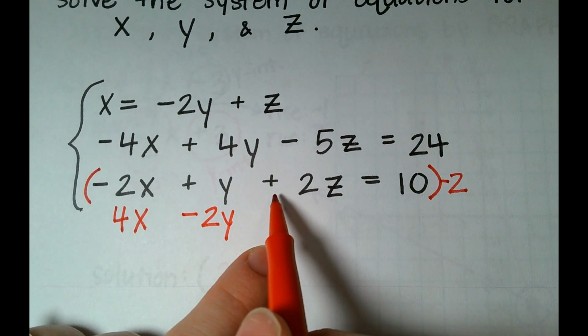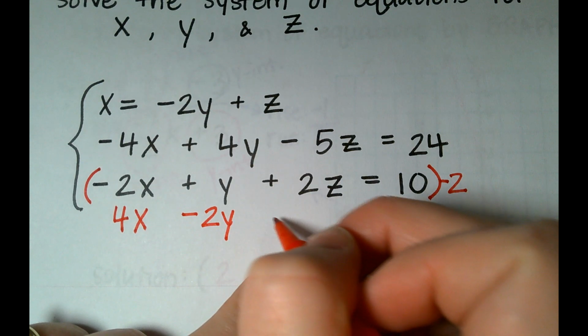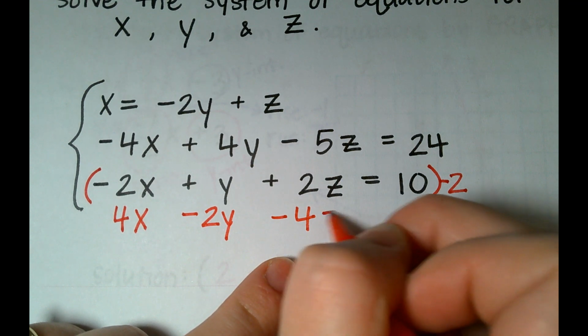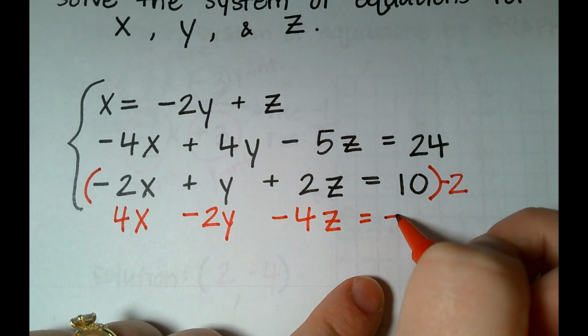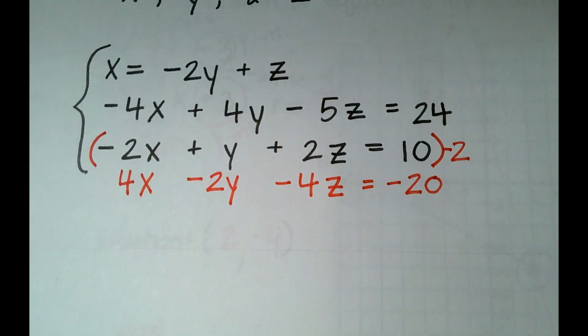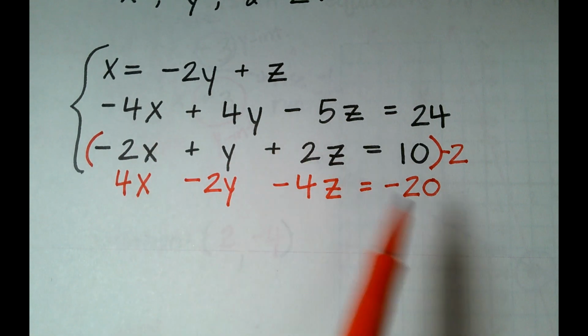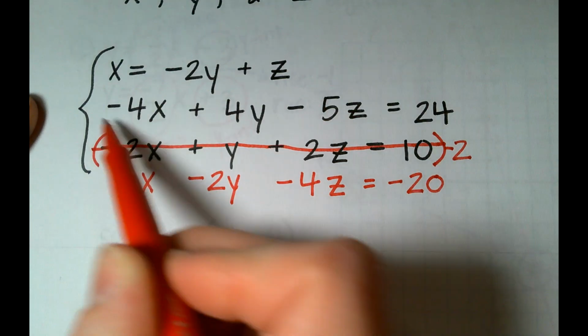Okay. 2z times negative 2, negative 4z. 10 times negative 2, negative 20. Okay. And are we going to add that to the middle equation here?